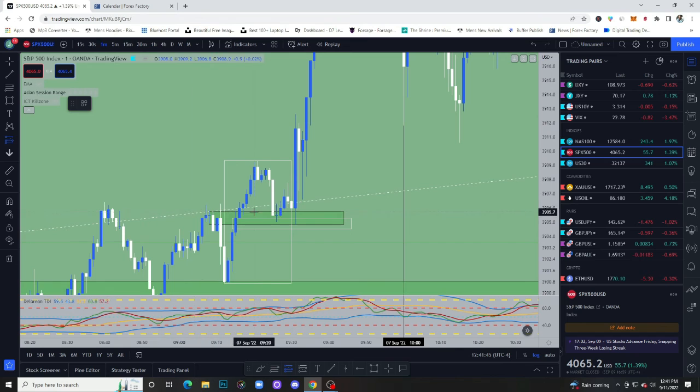So you want to enter the trade. Like I said, you could have used this candle here, or you can use this candle here for more precision, because this is the highest close. This is the last bullish candle with the highest close before price took off and broke above it.